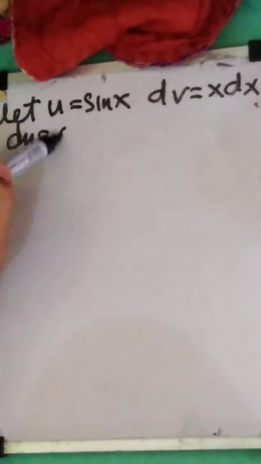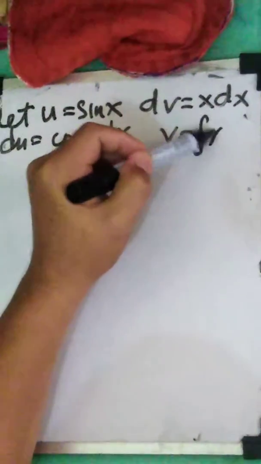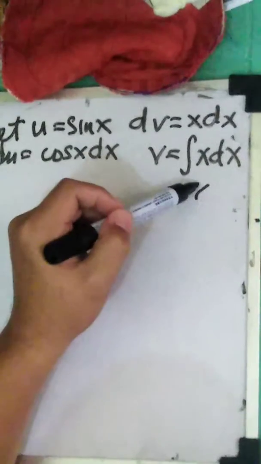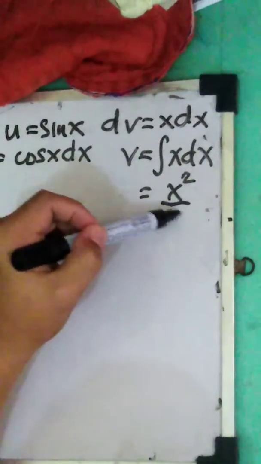If u is sine x, du is cosine x dx, and if your dv is x dx, your v is x squared over 2.